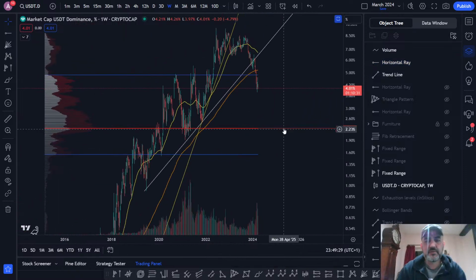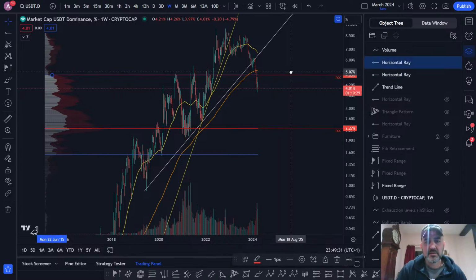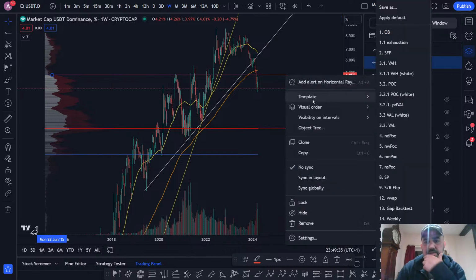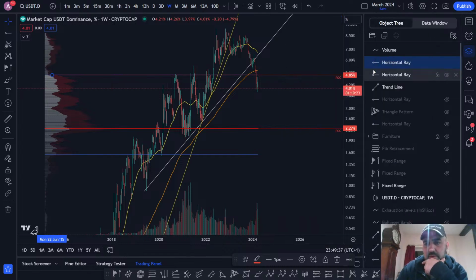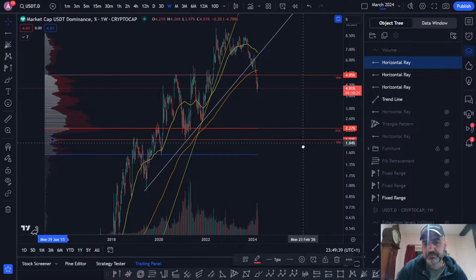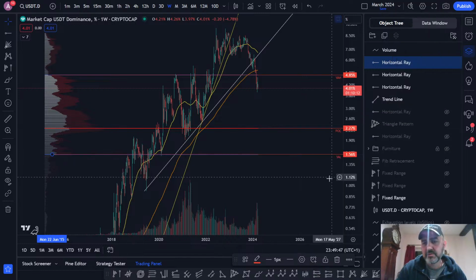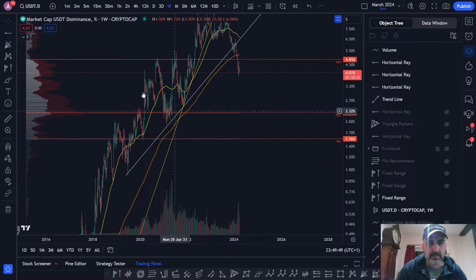And just for the sake of consistency, I'm going to mark these up as well. Value area high. Value area low. Let's get rid of these moving averages again.